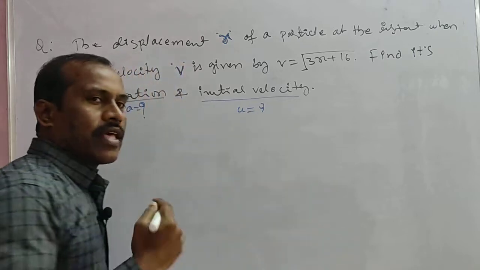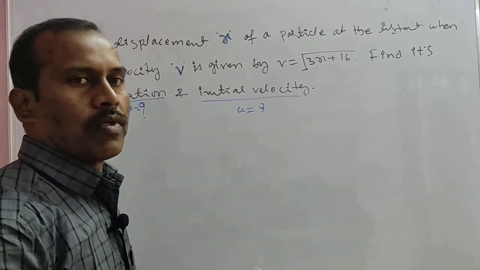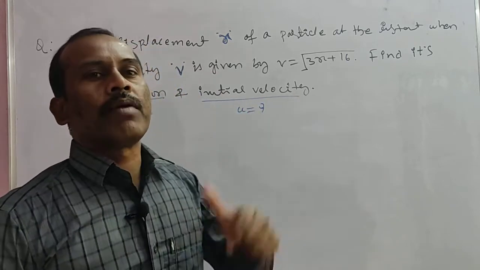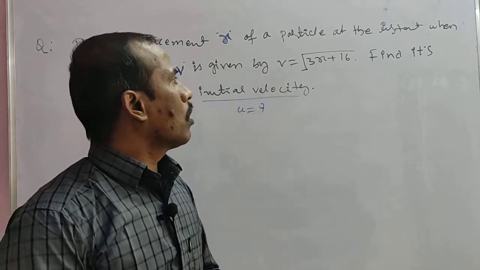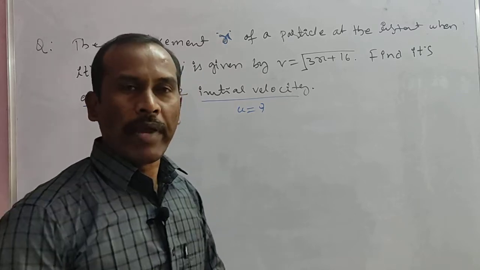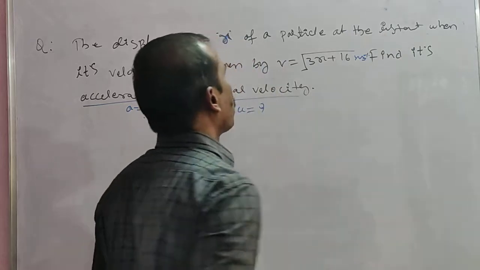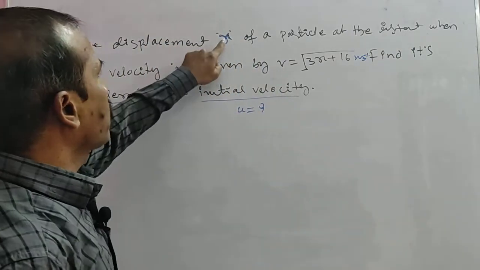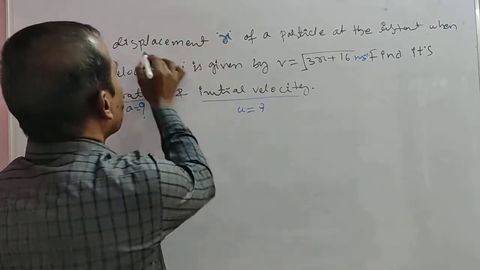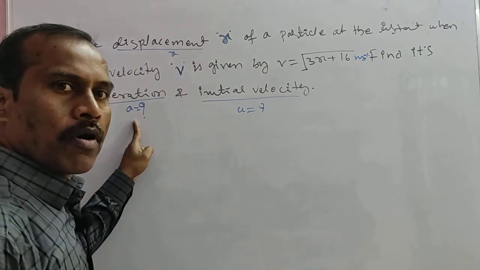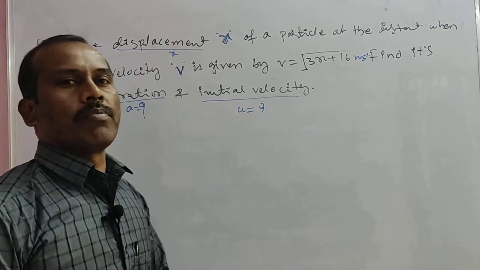Here, given data: the velocity of the particle v is equal to under root of 3x plus 16 meter per second, and x is the displacement of the particle. Find out the acceleration and initial velocity of the particle.